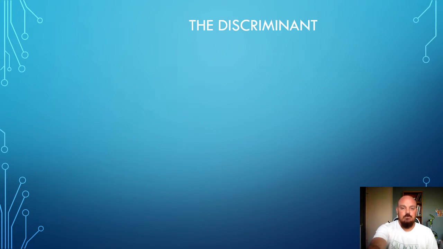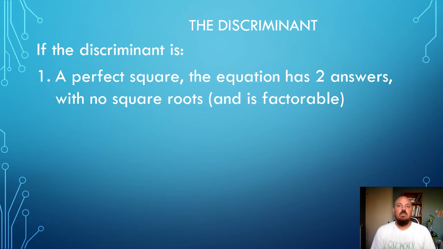All right. So let's go back to the discriminant. Here is everything the discriminant will tell you about your answers. So if the discriminant comes out as a perfect square, now a perfect square means any whole number squared, so that could be 0, or 1, or 4, or 9, or 16, or 25, any number squared, like 9 times 9 is 81, that's a perfect square. So if the discriminant comes out 81, then what you get is 2 answers with no square roots. And the reason for that, let me show you what's happening over here.